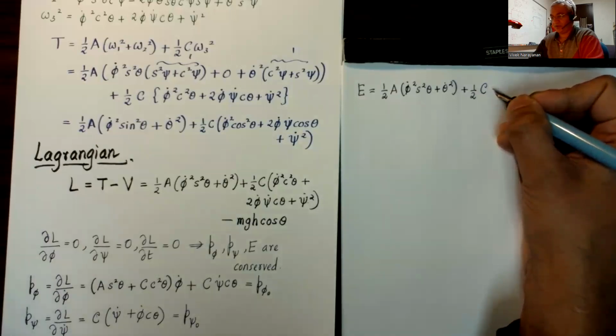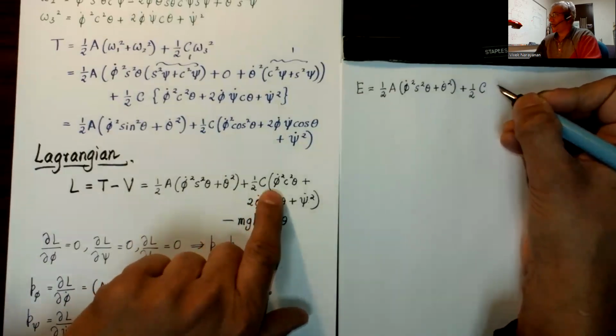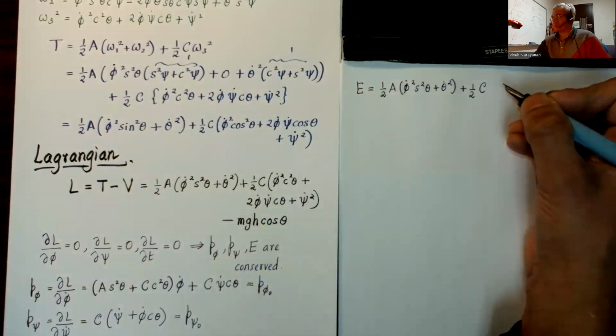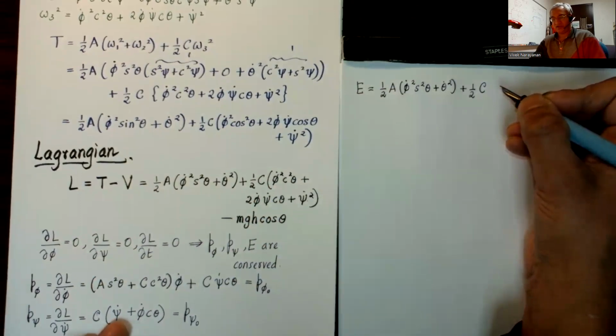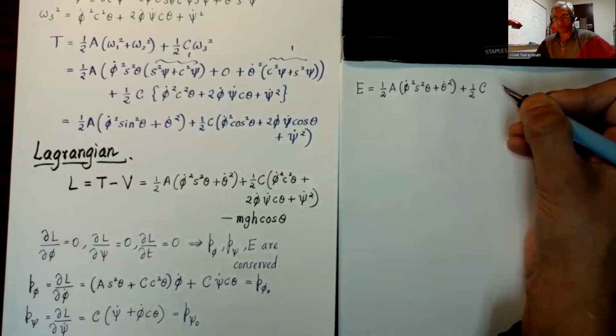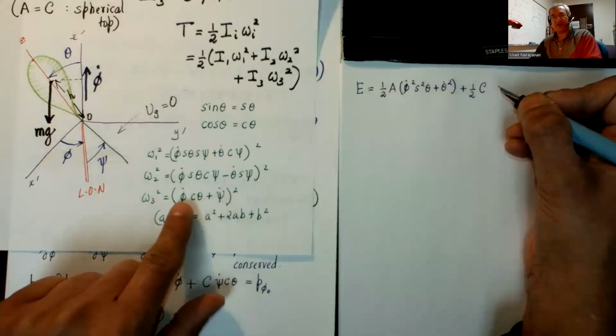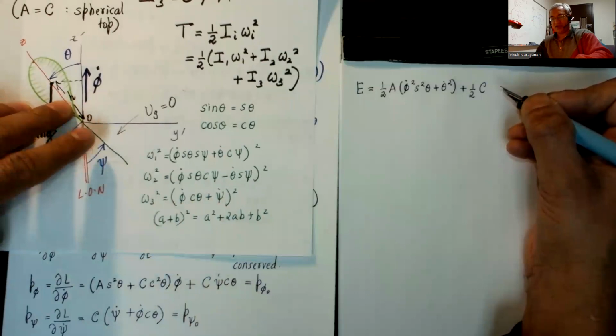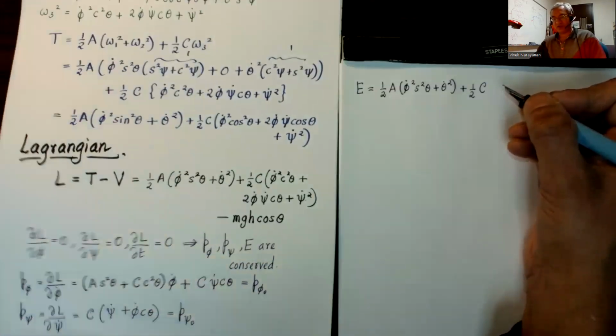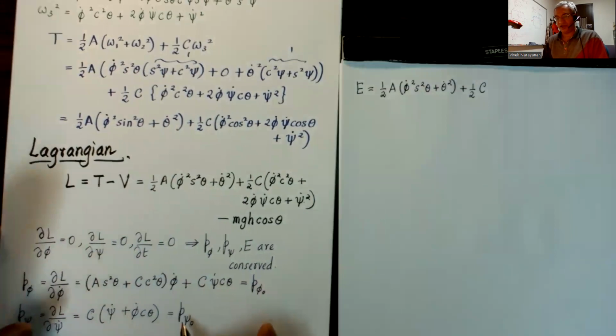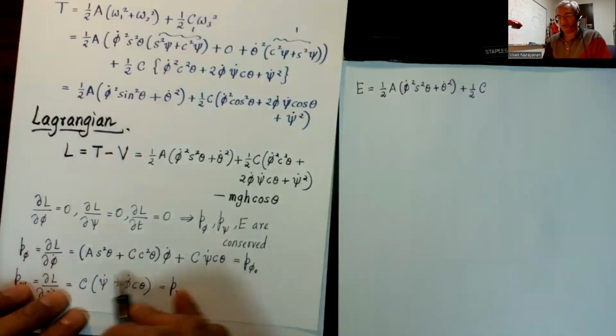Now, observe that this thing here, psi dot plus phi dot cosine theta, is just omega 3. Psi dot plus phi dot cosine theta is just omega 3. So since I have deemed that this is constant, it means that this, which is omega 3, must also be constant.